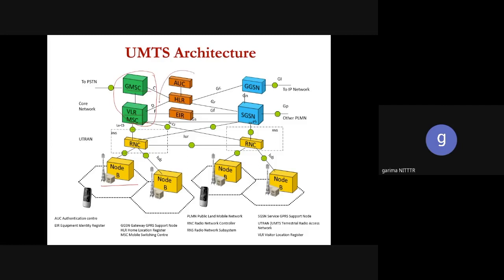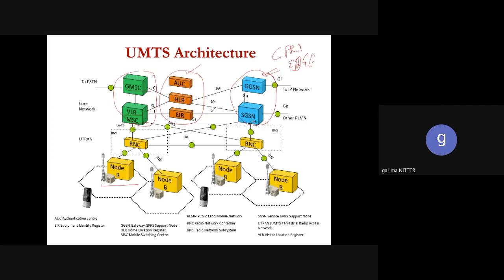Then these elements: authentication center, HLR and EIR. HLR is the home location register, EIR is the equipment identity register. These are also part of the 2G, 2.5G, 2.75G generation, and so are SGSN and GGSN. This particular part was used by GPRS and EDGE facilities, so that data facilities can be available to mobile users with the help of these two elements.